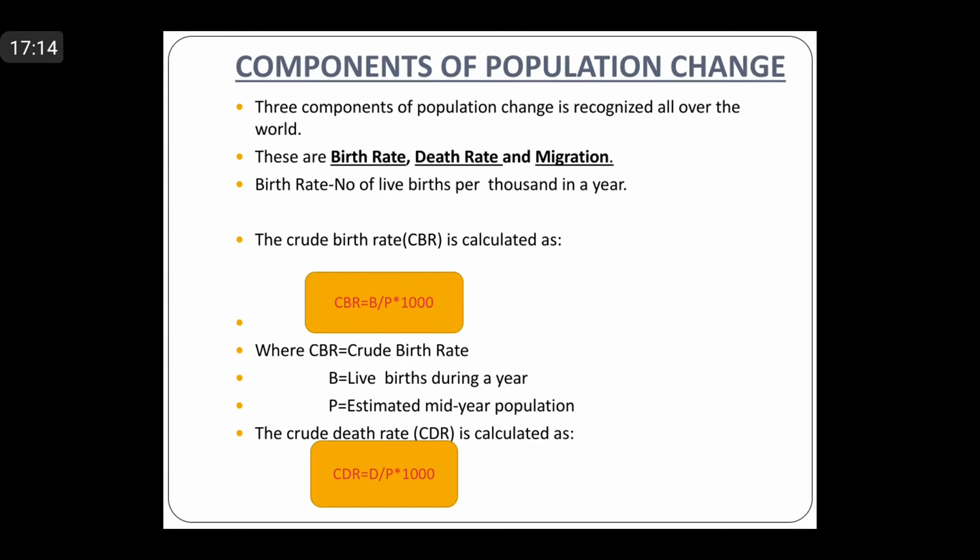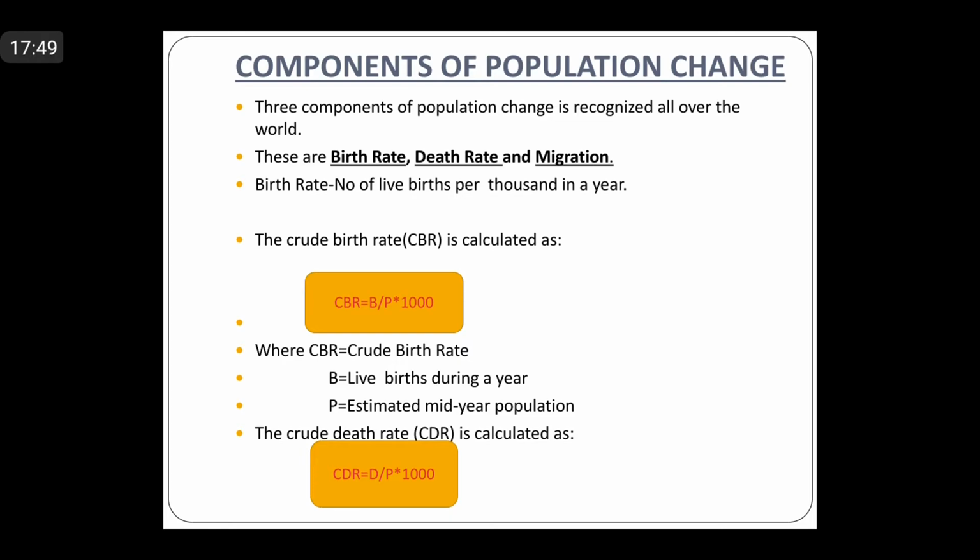Okay, crude birth rate. Look at this, CBR: C stands for crude, B stands for live births, and P for estimated mid-year population. Then you may ask me, what is this mid-year population? It is in fact half of the changes that take place in the population during the year.